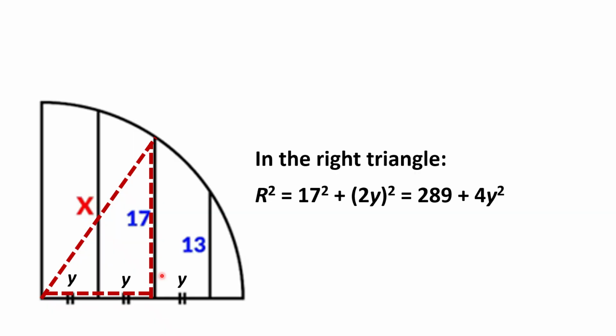Look at the right triangle. Altitude 17, base 2y, and the hypotenuse, which is a radius, is r units.